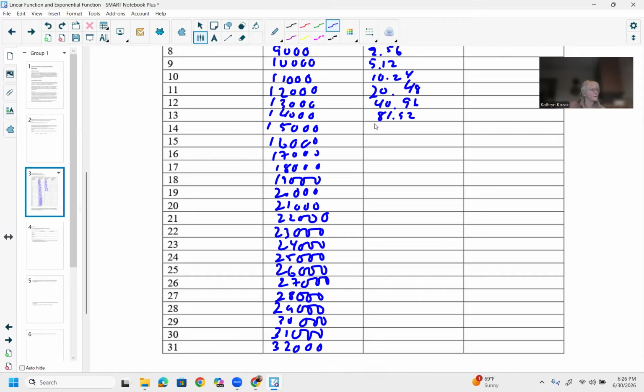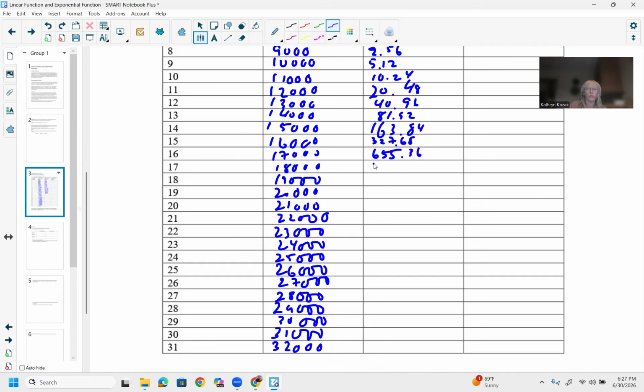So we doubled it. Now we're going to double this again, and we get $163.84. Doubled it again. We're at $327.68. And then we double that again. We're at $655.36.